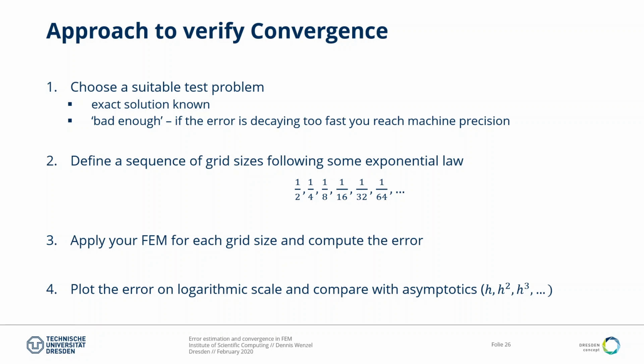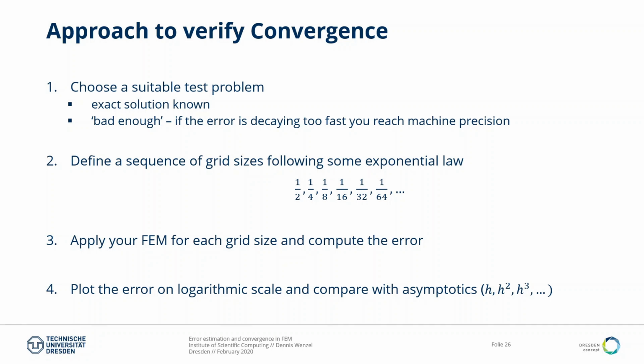The term suitable means firstly that the exact solution is known, because if you don't know the exact solution then you can't really compute any actual errors, and here we need actual errors. And also the test problem should be bad enough in a sense. Why I've written this down is because in my studies, when I started talking about errors, I had this problem quite many times that I simply could not verify those convergence orders.